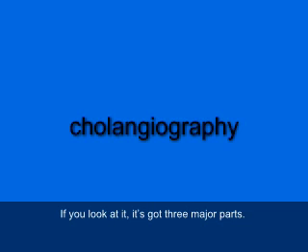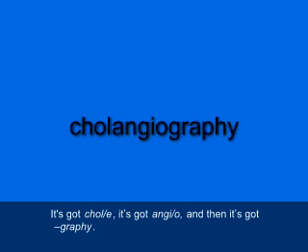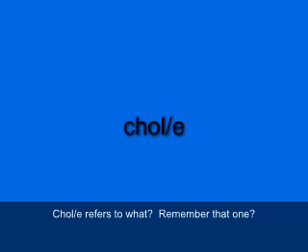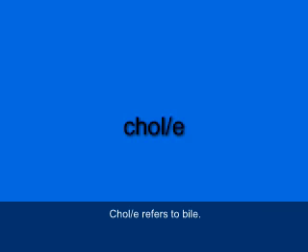If you look at it, it's got three major parts. It's got chole, C-H-O-L-E. It's got angio, A-N-G-I-O. And then it's got graphy, G-R-A-P-H-Y. Chole refers to what? Remember that one? Chole refers to bile.